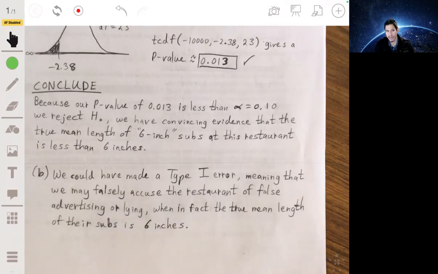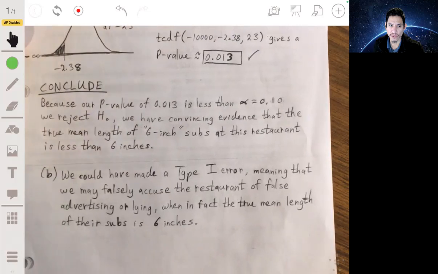So that means that we could falsely accuse them of lying and of cheating us, when in fact they weren't cheating us. And of course, we don't want that, because it could potentially hurt their customers and their revenue, because people may start thinking that this company is shady, and they start not going there because they're cheating people out of their food.